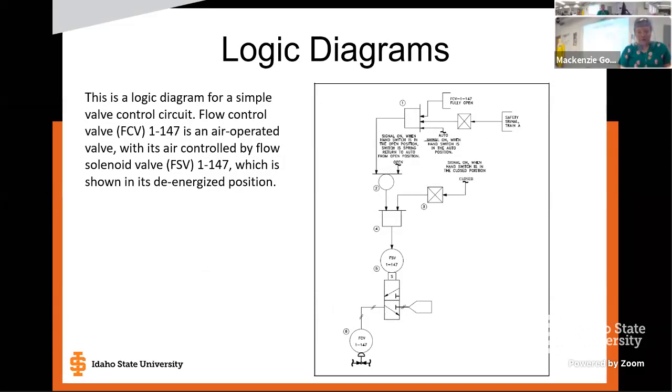Let me pull it back up. This input signal is on when the hand switch is in the auto position. So is this signal true or false right now? On or off?